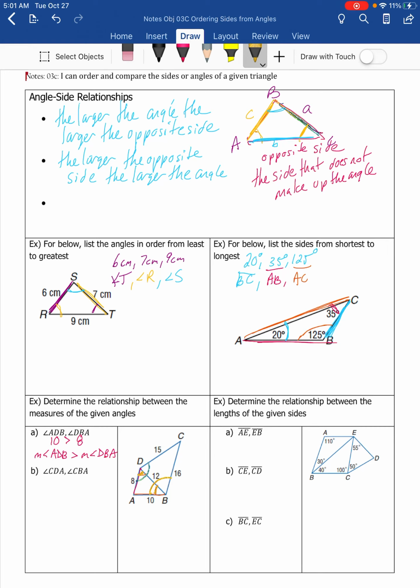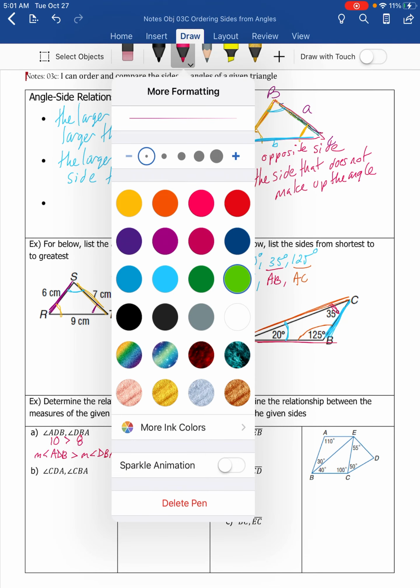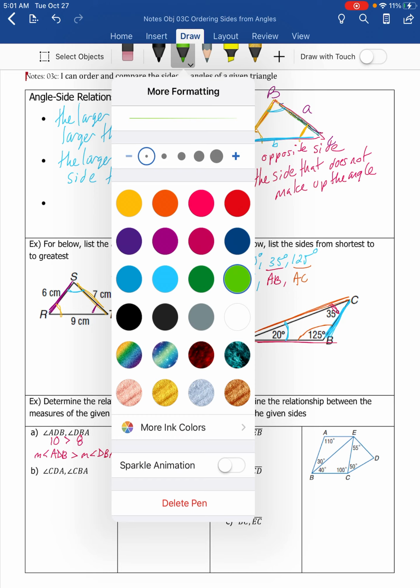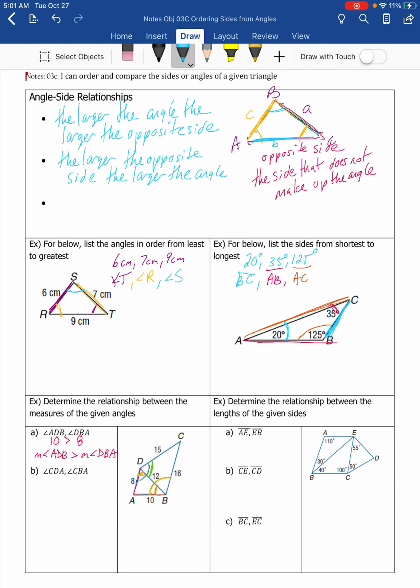So right now, ADC is winning. Now the other thing I look at is angle CDB, the other part of the angle, and angle CBD, this part right here. So which one's bigger here?